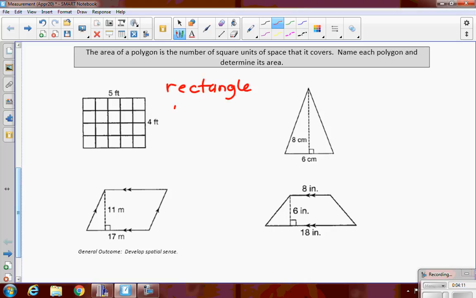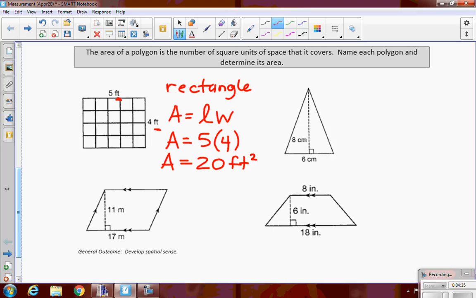And the area of any rectangle is taking the length of it and multiplying it by its width. So if we looked at this, the length is 5, the width is 4, which gives us an area. 5 times 4 is 20, and we can't forget our units. This is feet times feet, which would say that this is 20 square feet, this rectangle.